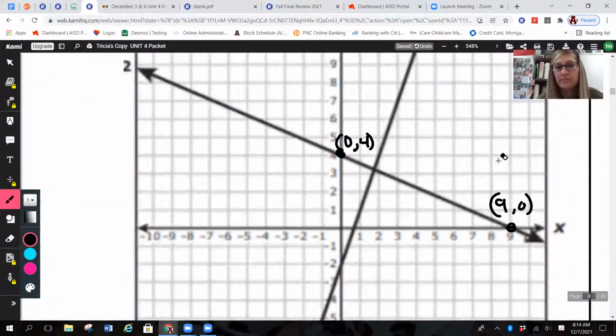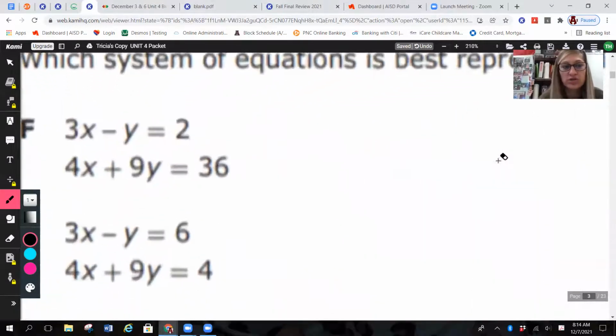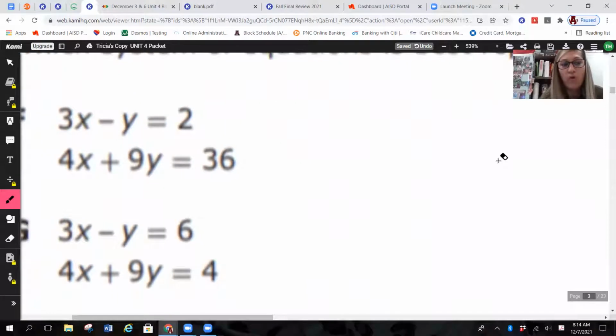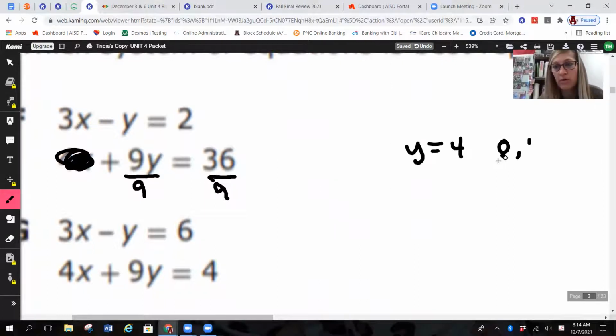Just to remind you, in order to find the y-intercept, I cover up the x-coordinate so that all I see is a y. That's how I'm going to find the y. And now I know that y is 4. So 0, 4 would be the point on the graph.